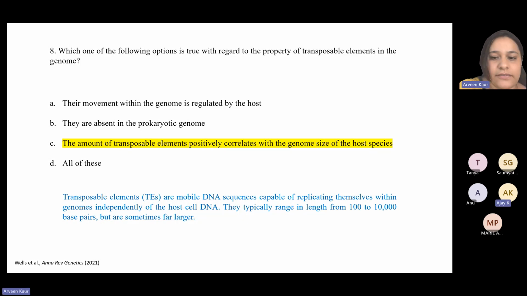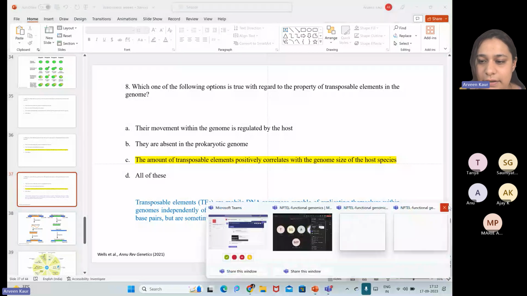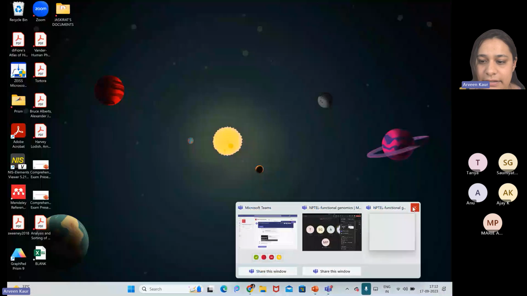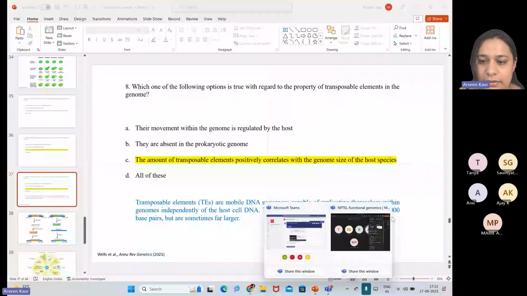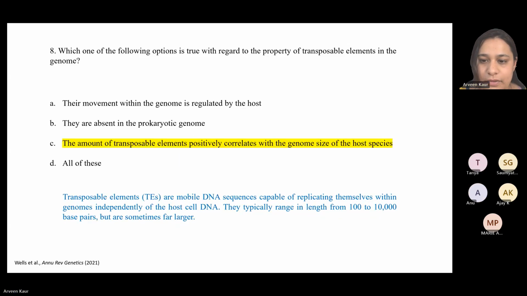Sorry, madam, but it's not visible. I really don't know what the problem is. I also checked on my other device, and it is not visible. Let me try to join again. I will try to share again, and if it is not working, maybe I'll leave the meeting and join again. So for now, it is visible, right? Okay.